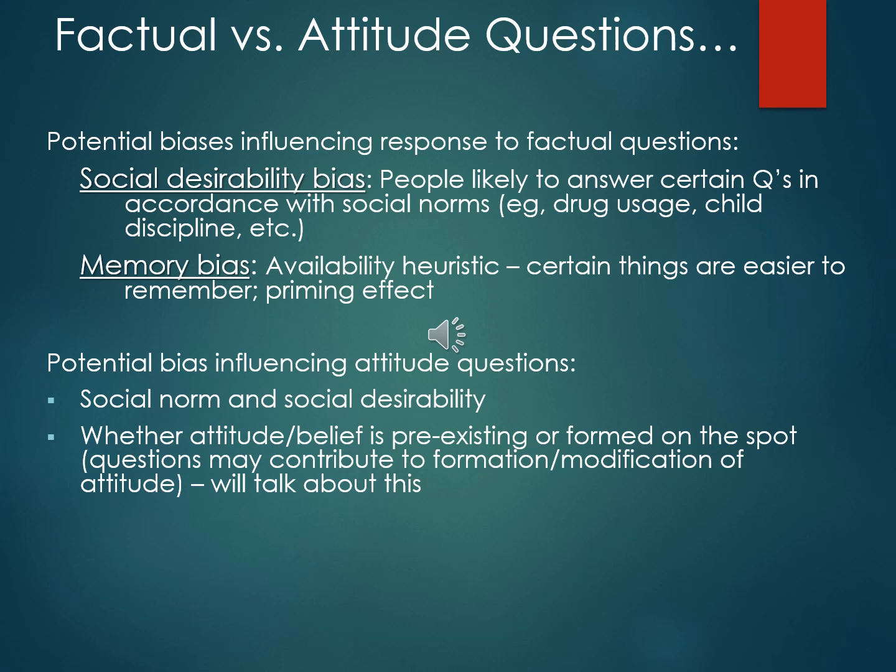The other important thing, in case your question is about belief or attitude, is whether or not that attitude or belief is pre-existing, or whether you need to consider the possibility that the belief or attitude may actually be formed at the time of thinking about the question. In that case, the actual question may influence the type of attitude or belief people report, because it may be formed on the basis of the question.